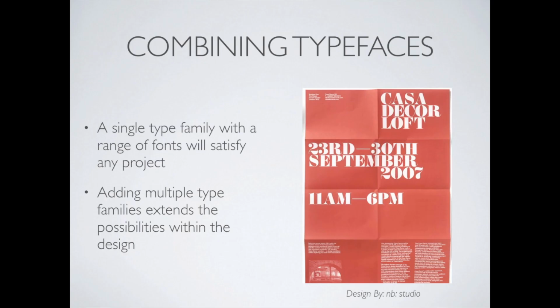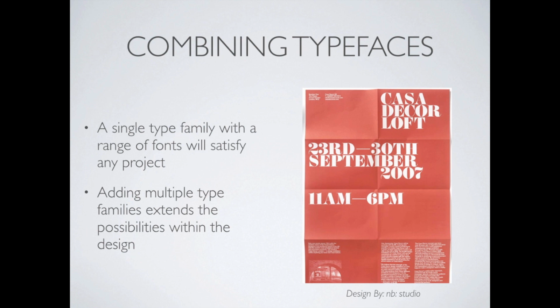Combining typefaces. Whenever you want to do a design project, you think about how do I combine typefaces together? Well, your first option would be just pick a font family and work within that family. Remember, families have different styles. They have the bold, they have the super, they have the thin, etc., depending on the font.